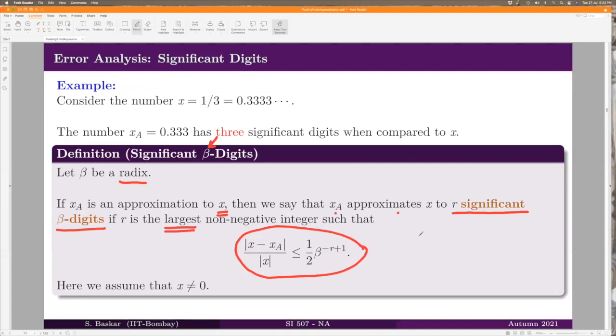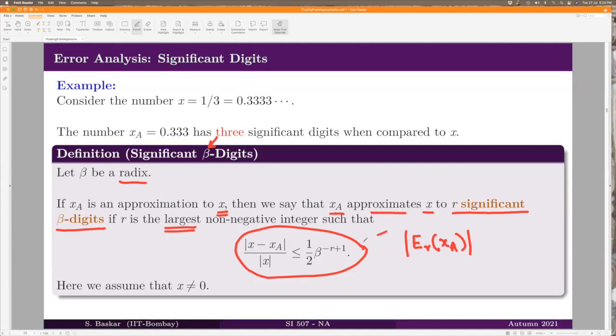Remember, the left hand side is nothing but the modulus of the relative error of xa when compared to x, and that is less than or equal to half into beta to the power of minus r plus 1. Then you say that xa approximates x to r significant digits.